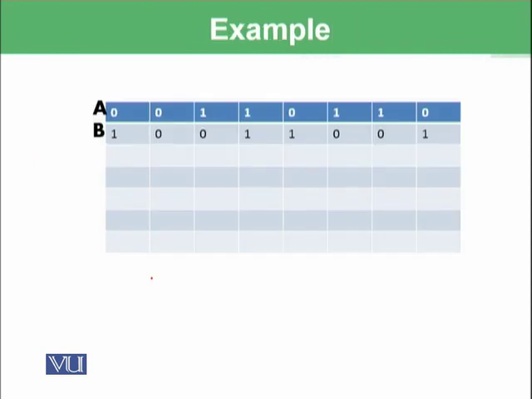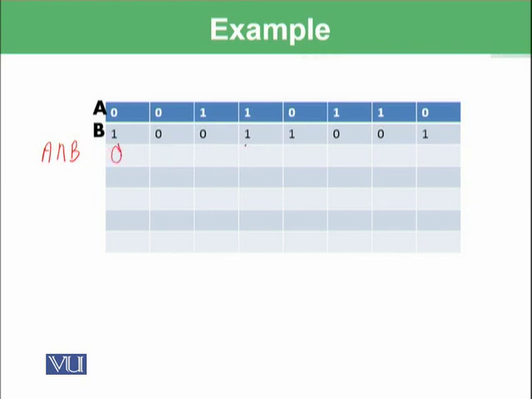So let's try to solve an example. Suppose I have listed A as 0 0 1 1 0 1 1 0 and B as 1 0 0 1 1 0 0 1. If I want to find A AND B, you know 0 and 1 would mean 0.